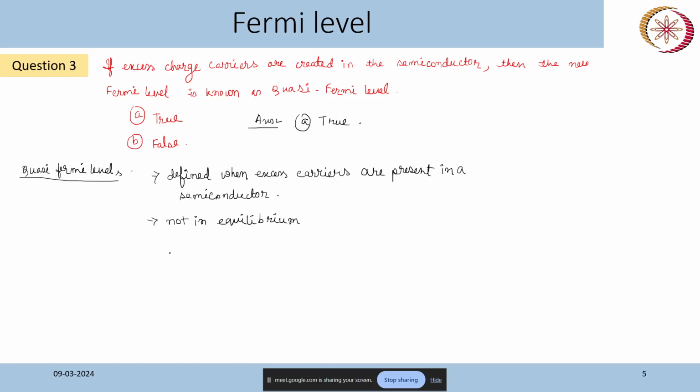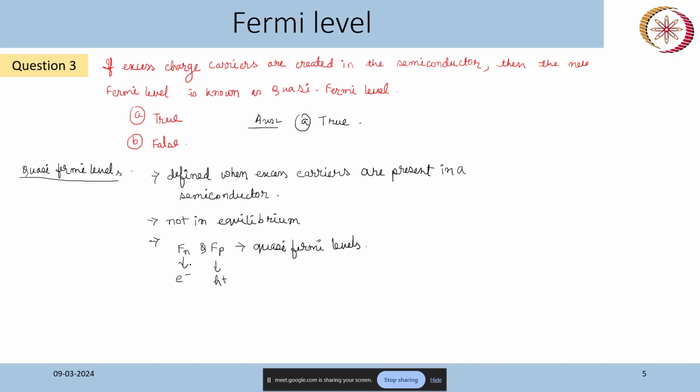The quasi-Fermi levels are denoted as Fn and Fp. This one is the Fermi level for the electrons, and this is the Fermi level for the holes.